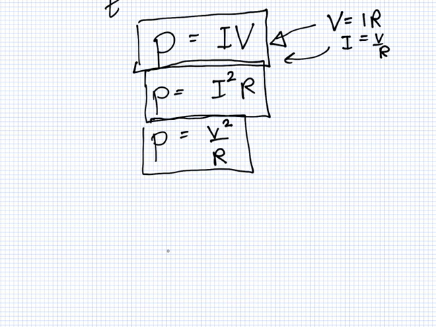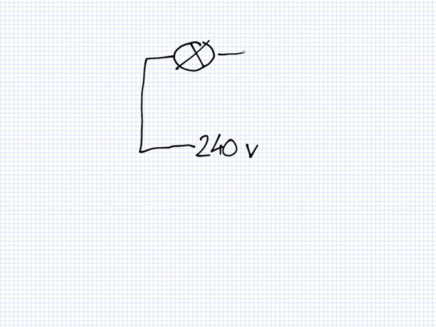Okay. Can I do an example? If you look inside your home, you have your light bulb and you have your electrical supply of 240 volts. Now if you look at this light bulb, it will say its power equals 60 watts. That's the power of the light bulb.